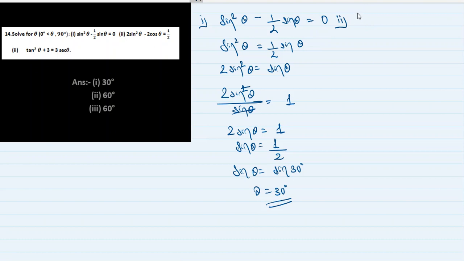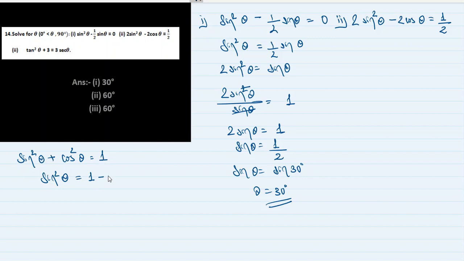Number 2, 2 sine square theta minus 2 cos theta is equal to 1 by 2. Now this is going to be a little challenging because we have sine and cos in one trigonometric equation. So if you remember, I've given you a square relation. Sine square theta plus cos square theta is 1. So sine square theta is equal to 1 minus cos square theta. So in place of sine square theta, I'm going to write 1 minus cos square theta.